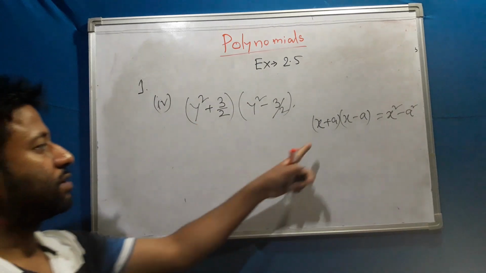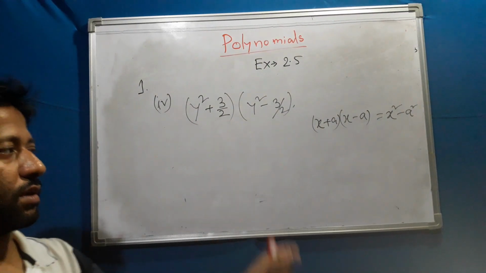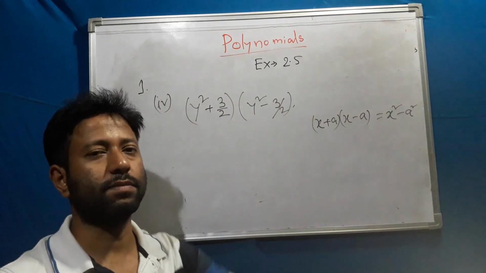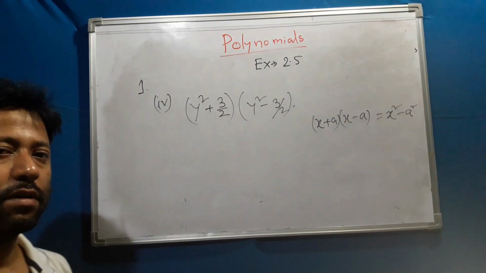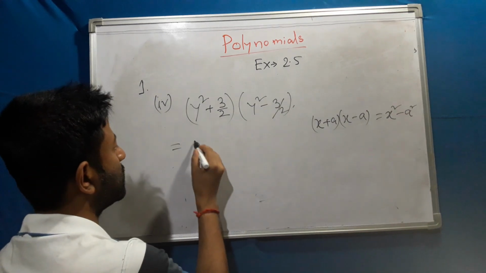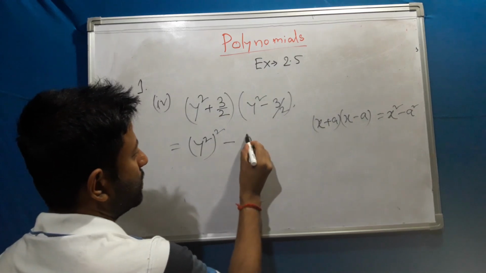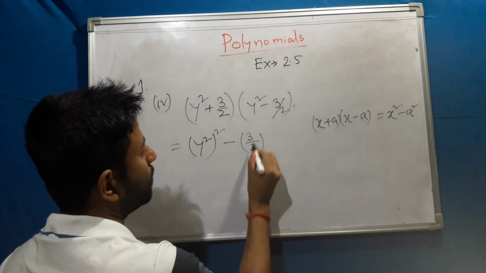Here instead of x it is y square, and instead of a it is 3 by 2. So this should be written as x square minus a square, where instead of x it is y square. So it is (y square) whole square minus (3 by 2) whole square.